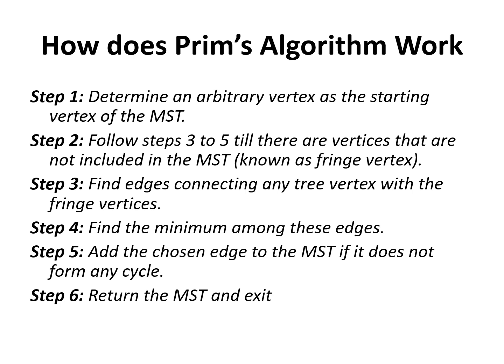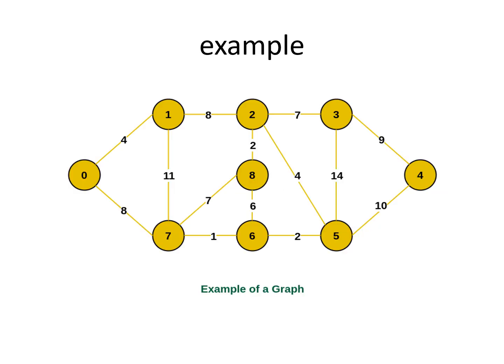Step 4, find the minimum among these edges. Step 5, add the chosen edge to the minimum spanning tree if it does not form any cycle. Step 6, return the minimum spanning tree and exit.